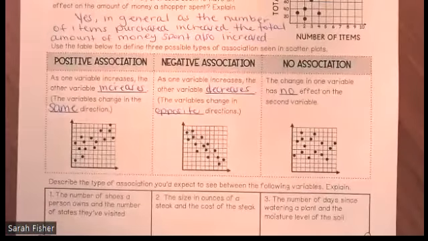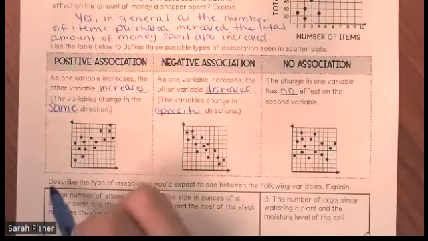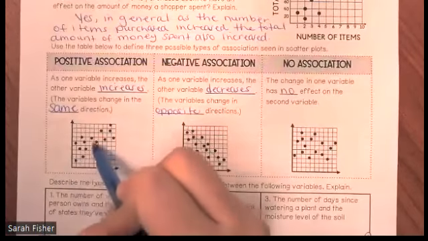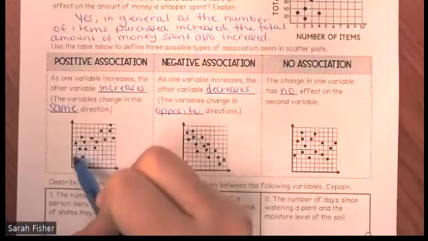Again, I want you to think back to our linear functions unit. Association to a scatter plot is like slope to a line, okay? This is called association and not slope because these don't have a perfect rate of change.